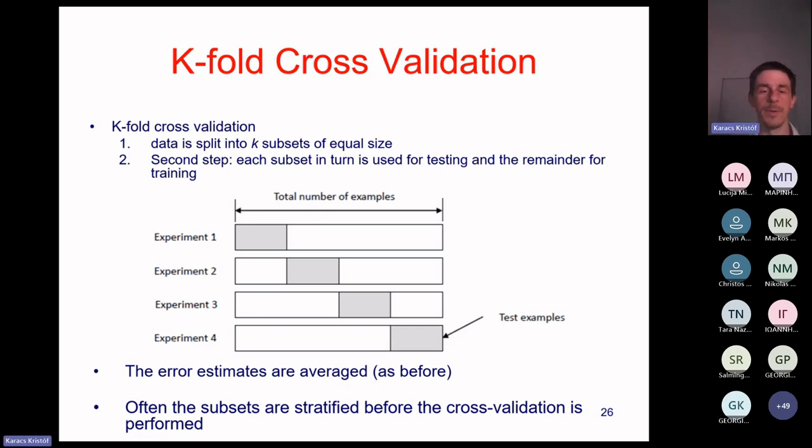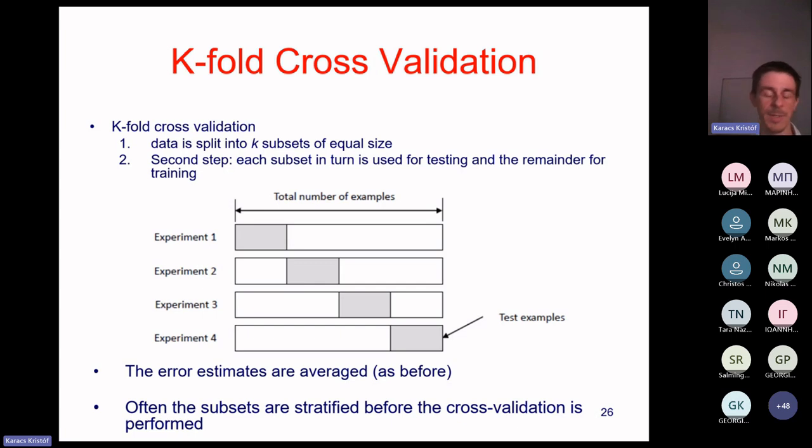In this scenario, we make sure that the test sets are not overlapping, and we divide the complete data set into k subsets of equal size. In each of the k runs that we have, we will consider one of these subsets to be the test set and the remaining ones to be the training set.